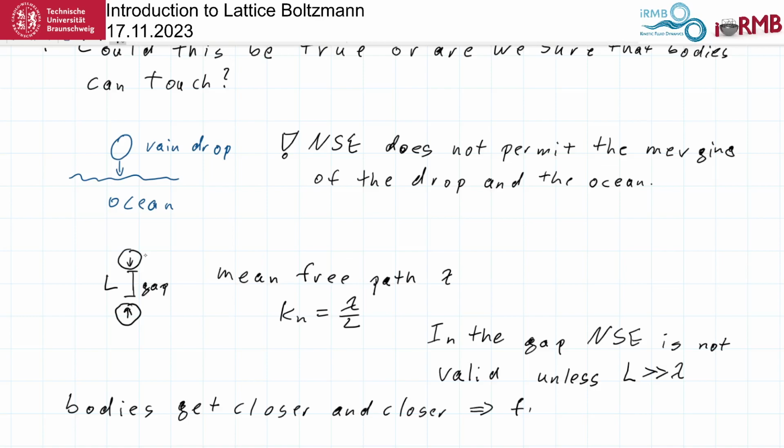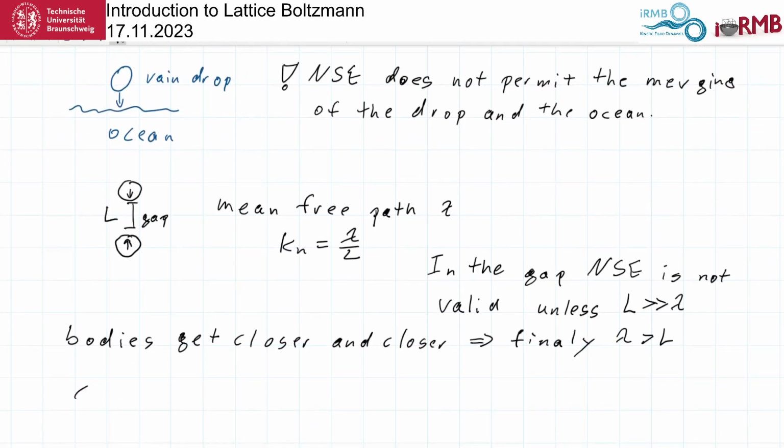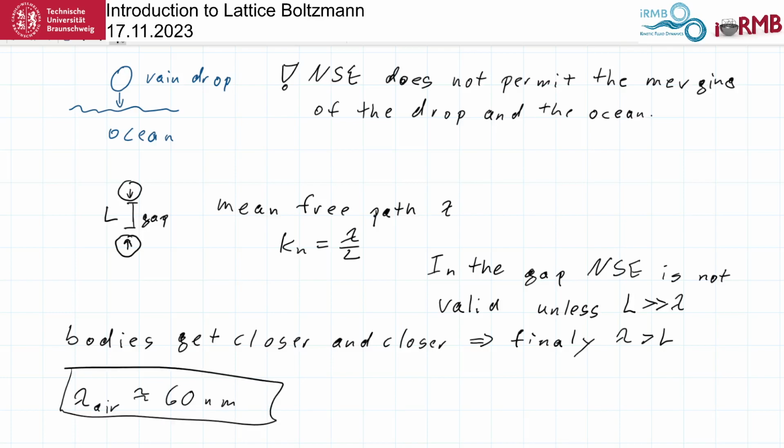So finally, things merge or behave differently when the body comes closer than the mean free path. So the mean free path, for example, in air, is about 60 nanometers, depending on the pressure, of course.